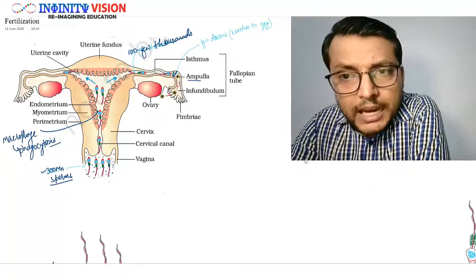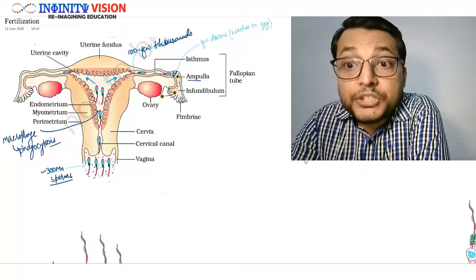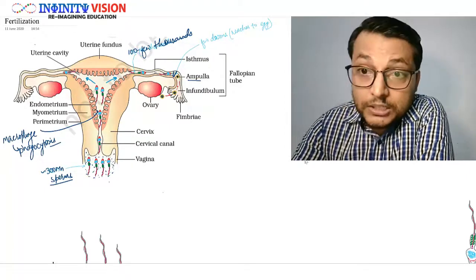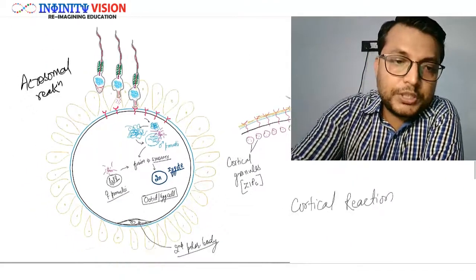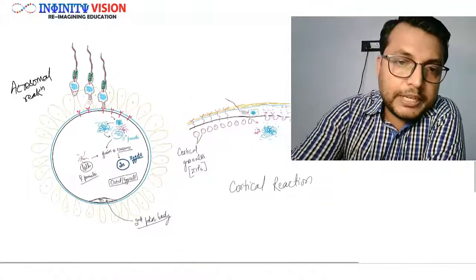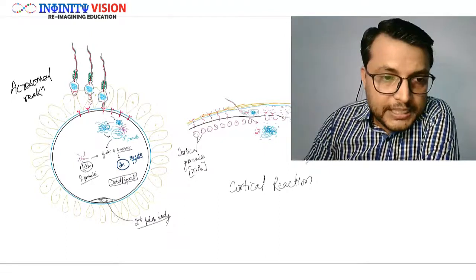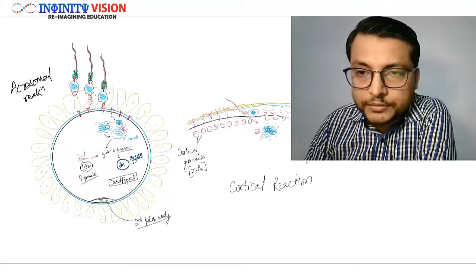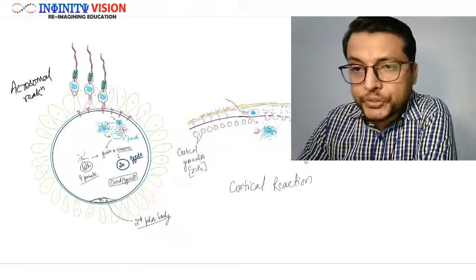Now what we are more interested in studying is how this fertilization happens, right? So let's look at it in detail. Well, so here I have made a diagram for you. Now, if you look at this diagram, you know that this structure is called the ovum, right? You remember the structure of the ovum?